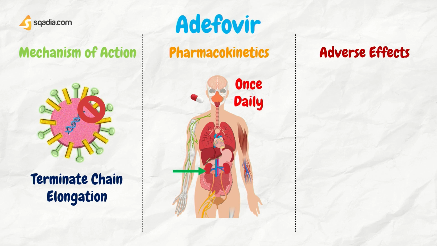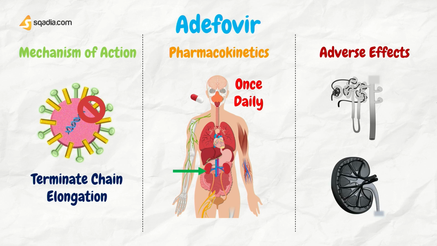Discontinuation of it can result in severe exacerbation of hepatitis, and it is excreted renally, and nephrotoxicity with chronic use can occur. It can also raise the level of tubular secretion, and concurrent use should be avoided in patients that have kidney diseases.